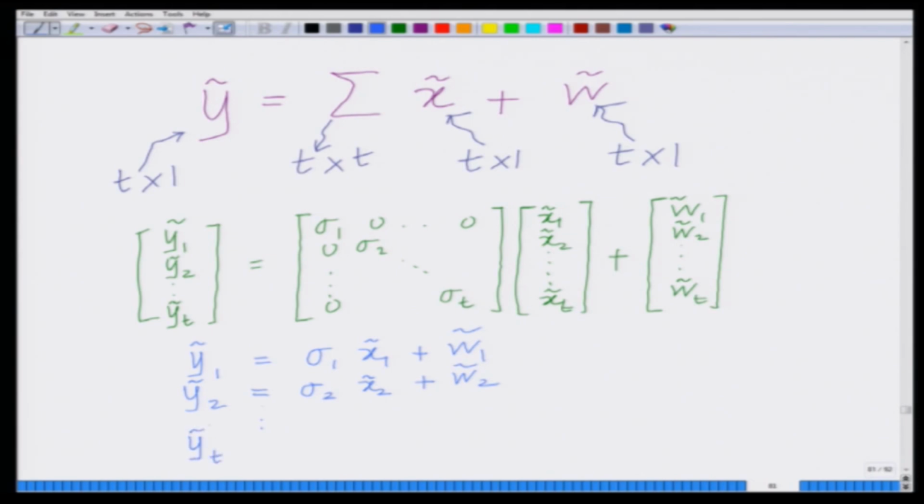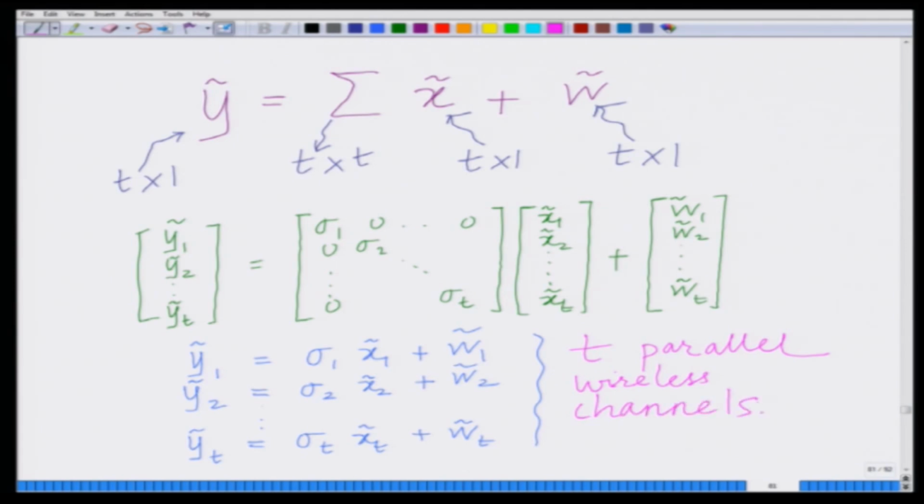You have yt tilde equals sigma t xt tilde plus wt tilde. And if you look at this, this is a combination of t parallel wireless channels.